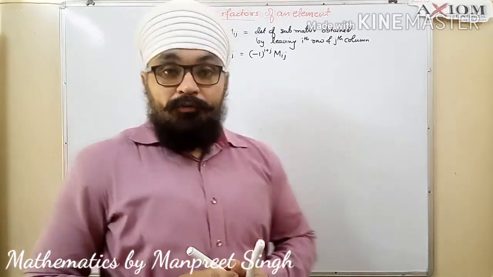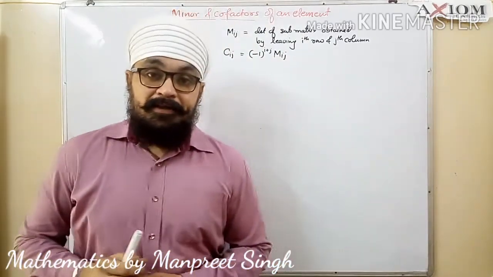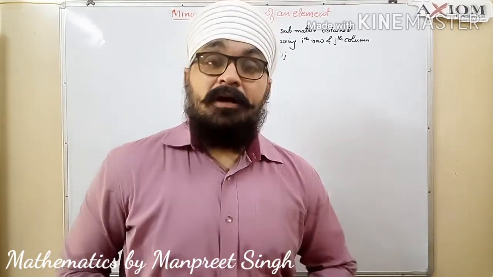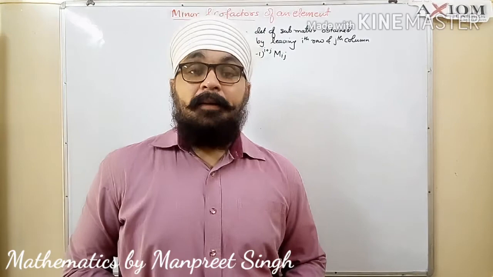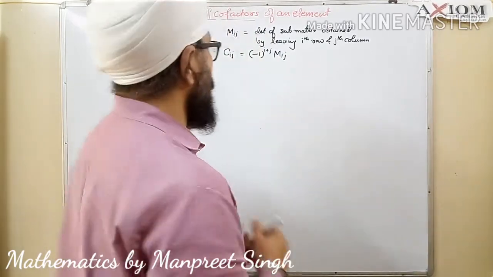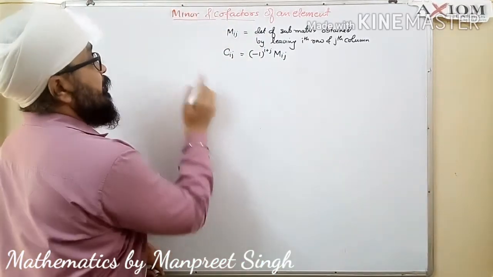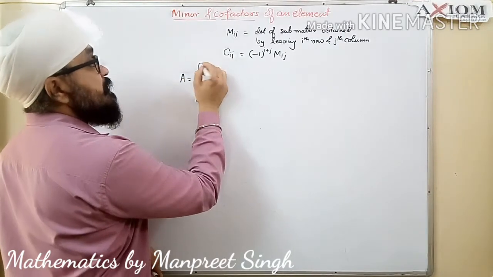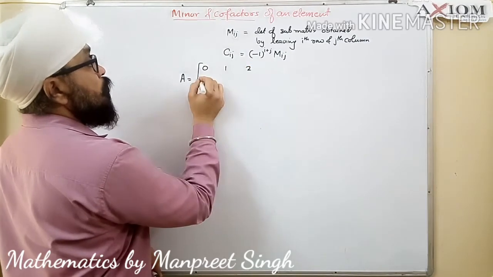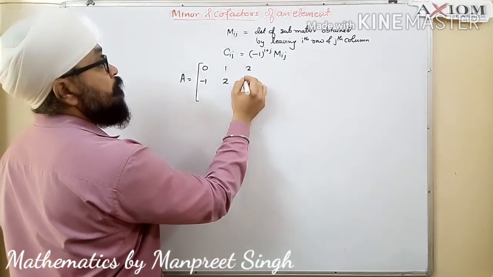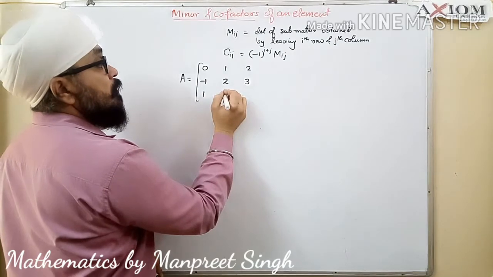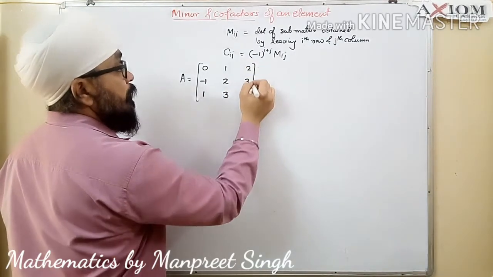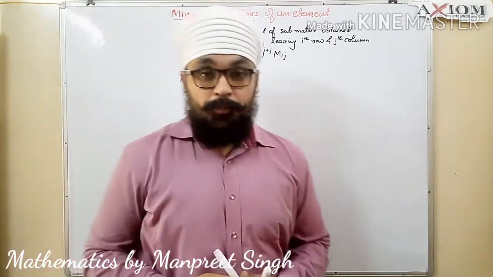That is, the cofactor of the ij element is nothing but the minor, which will have a plus or a minus sign. यानी minor ही है पर आगे plus और minus का sign आ जाएगा. तो इसको एक बार रिकॉल करने के लिए I am taking a simple matrix: 0 1 2, -1 2 3, 1 3 4. Now this is one of the matrices given to you.